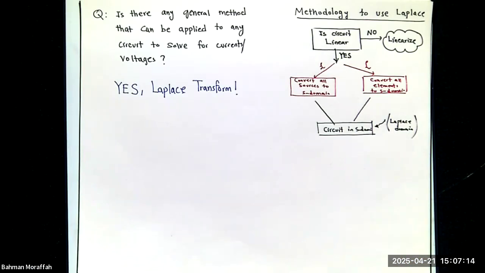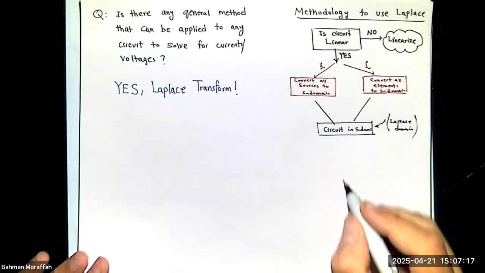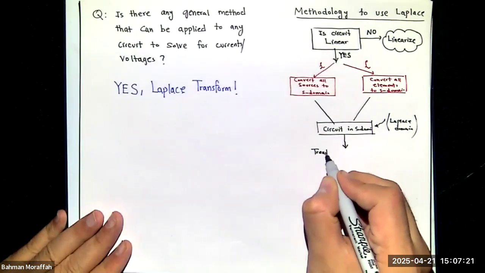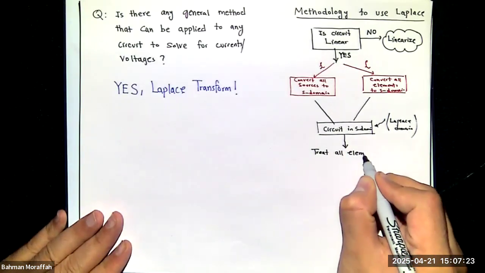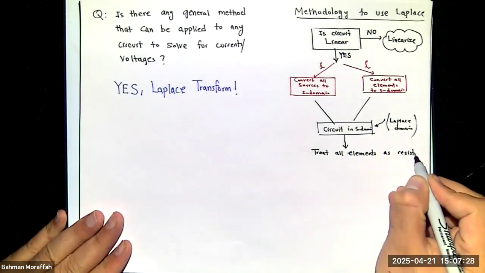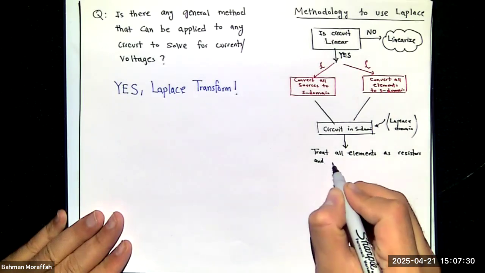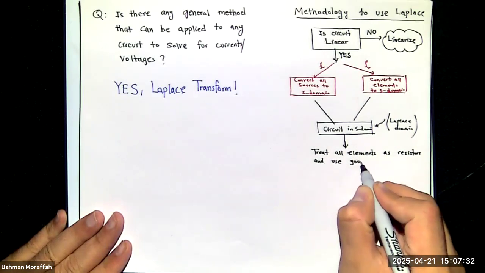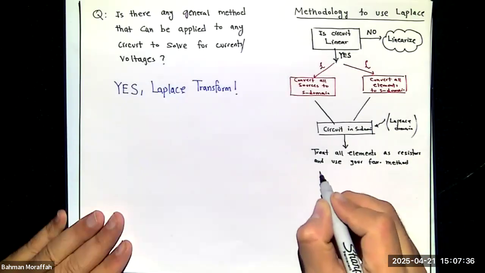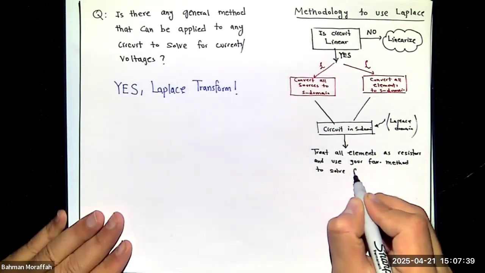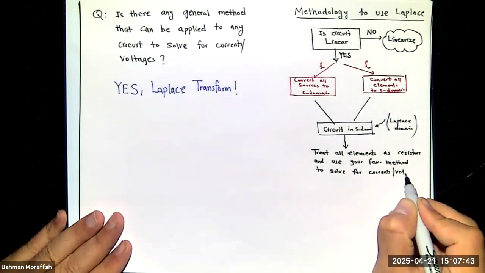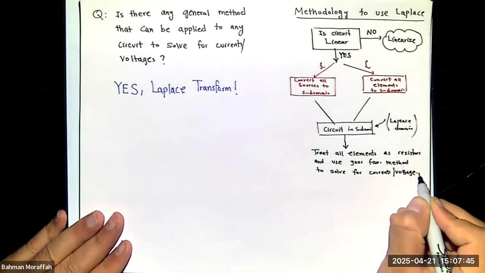Now I can treat all the elements as resistors and solve. So treat all elements as resistors and use your favorite method to solve for currents, voltages, or anything.